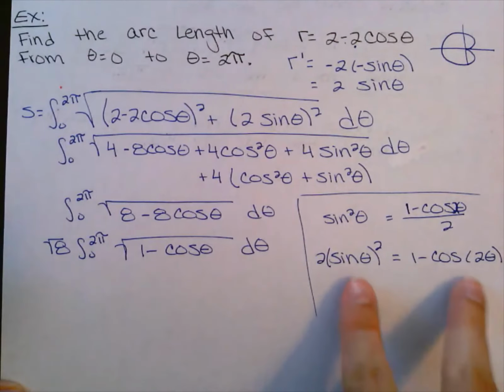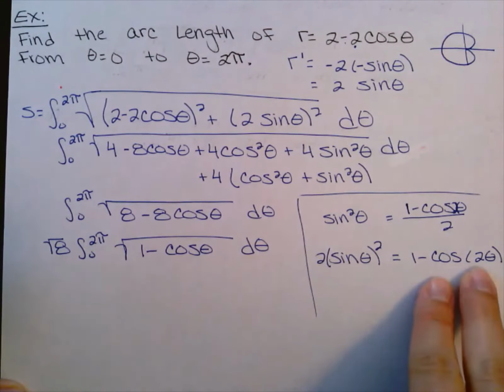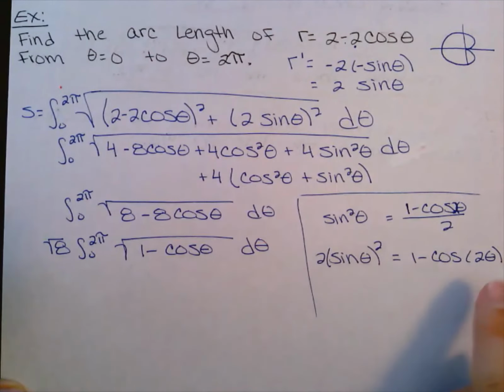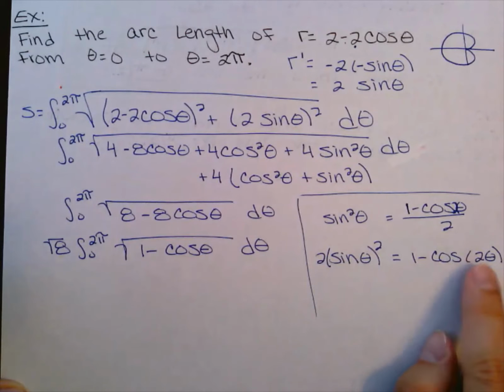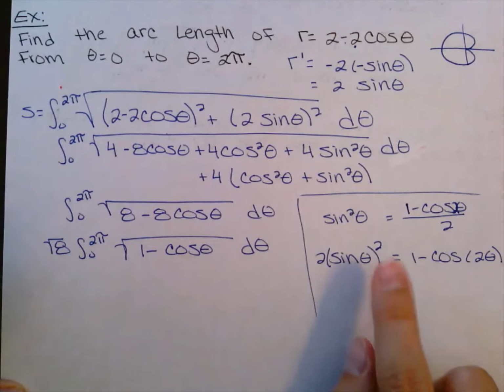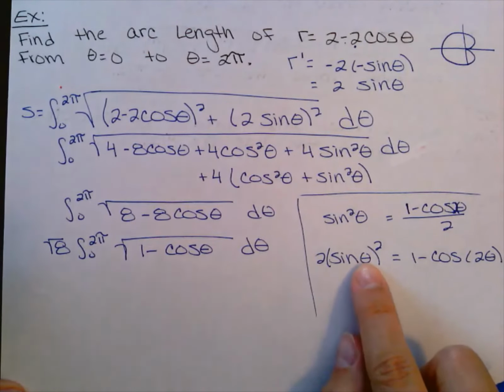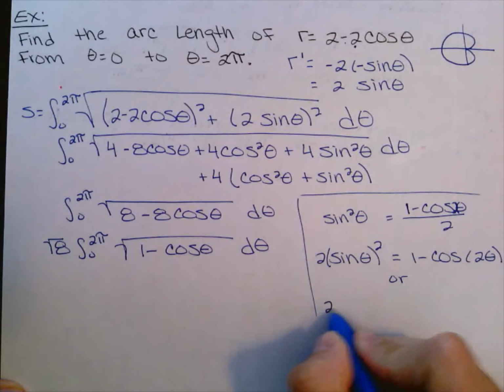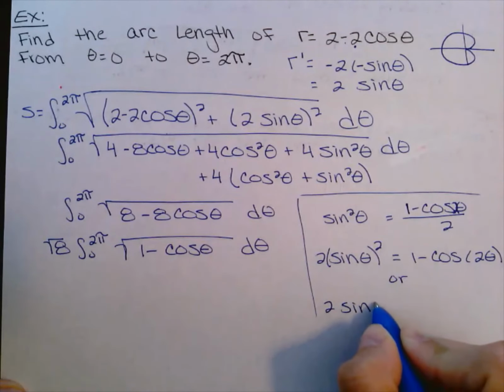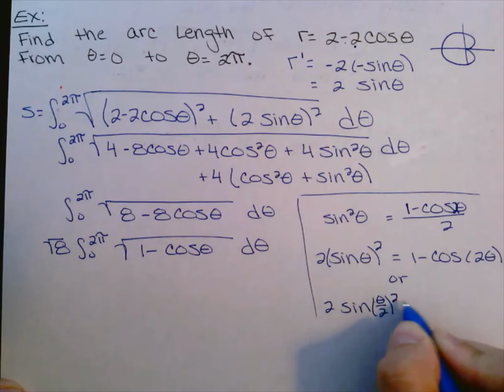So that means this equation here is true if the theta that I put over here is double the one I put here. So if I put 45 into theta, I'd be doing sine of 45, and then I'd be doing cosine of double that, which is 90. So I can also say the reverse, that this theta has to be half of what this theta is, right? I can rewrite that as 2 sine of half of that theta.